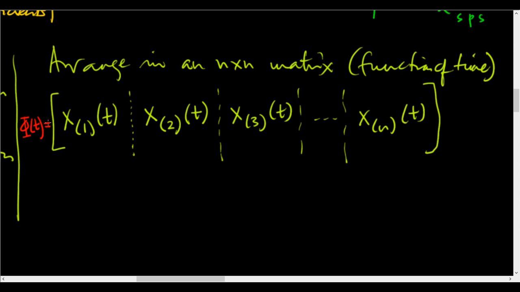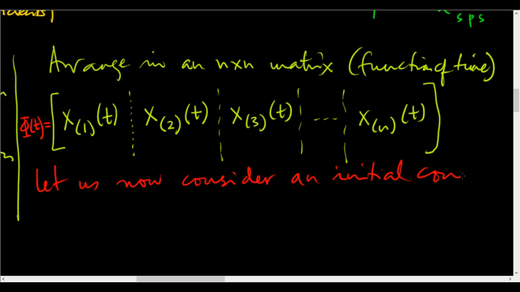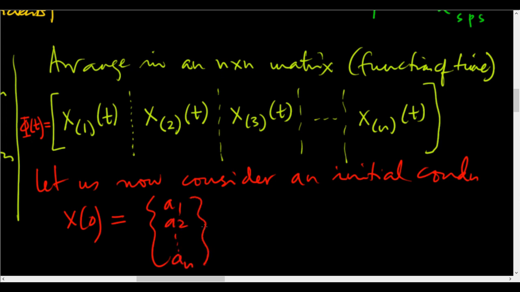Okay, now here is the interesting thing. Let us now consider an initial condition x of 0 is equal to a1, a2, an, where these are arbitrary numbers.